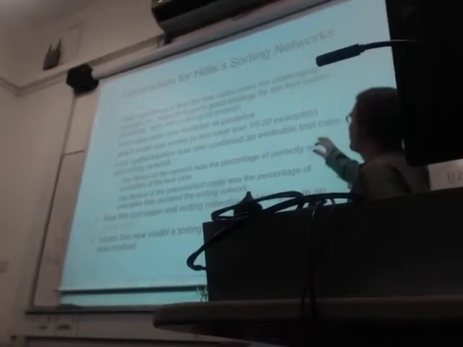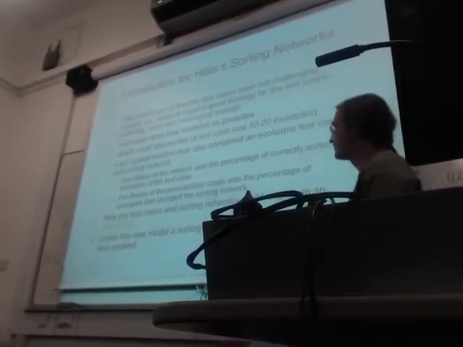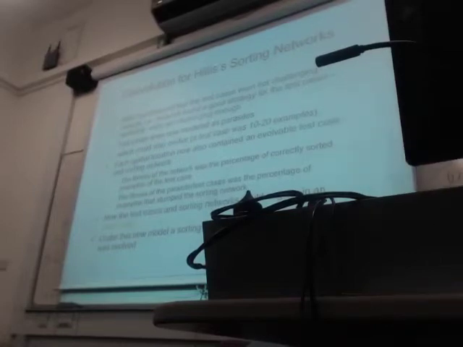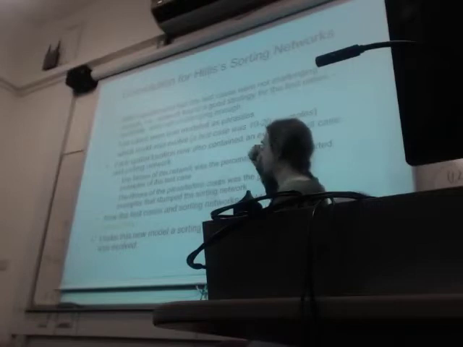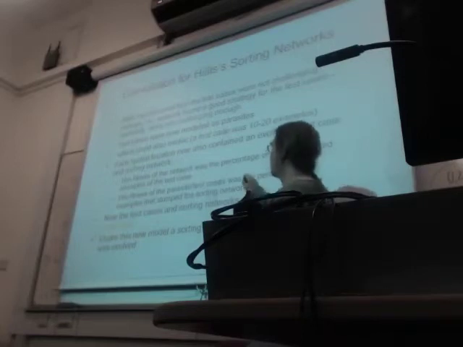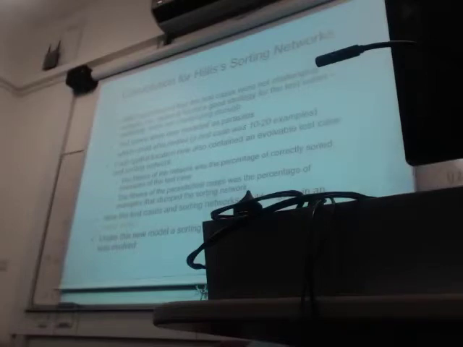A test case was some 10 to 20 comparisons to try in the sorting network. Each spatial location now contained a test case and a sorting network. Okay? The fitness of the network would be the percentage of correctly sorted test case examples. The fitness of the test cases were the number of test cases that fooled the network.